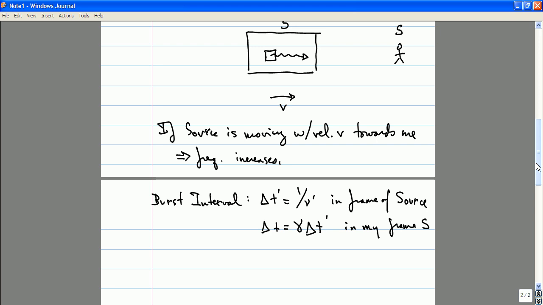No questions. Good. Okay. So the first thing to note is that in between two emissions of bursts of light by the source, the burst has traveled a distance c delta t in my frame, because the bursts are light and they travel at the speed of light in every frame, which is c gamma delta t prime.